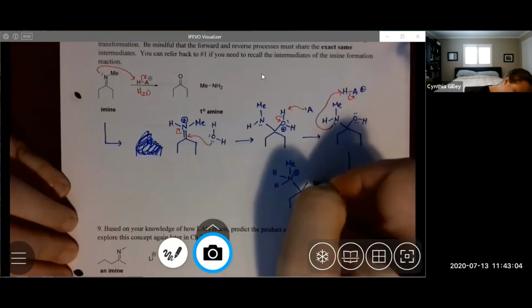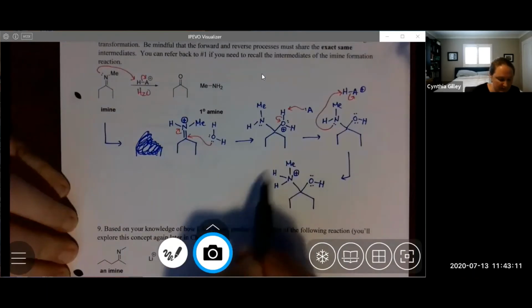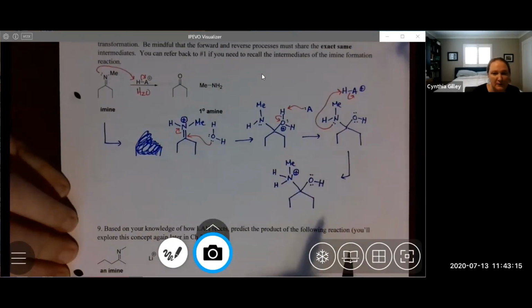We've created a great leaving group right here. But first, we're going to deprotonate the OH group to form the same intermediate we formed in the forward direction.